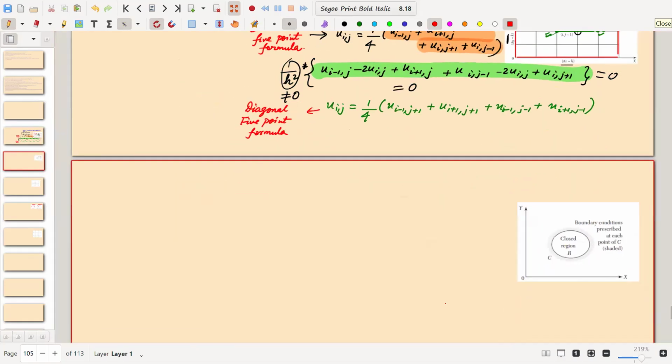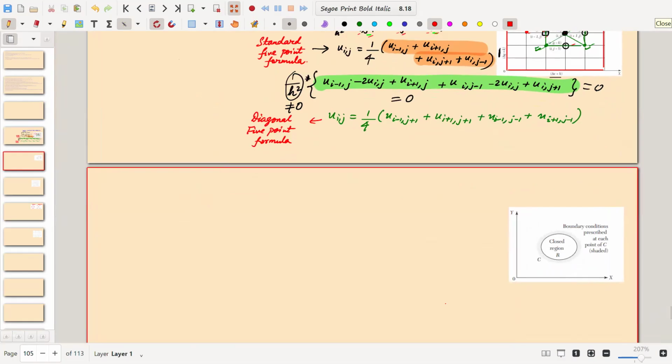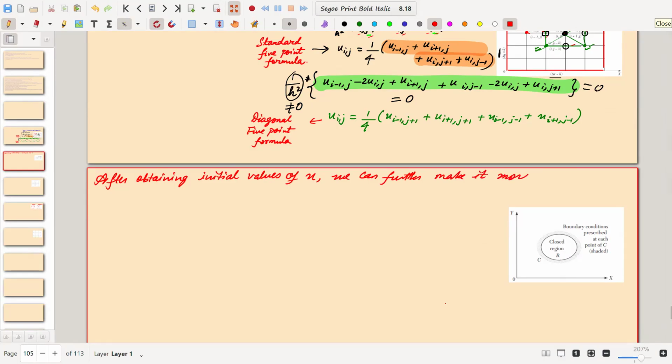So after obtaining initial values of u, we can further make it more accurate by using two things: Jacobi's method and Gauss-Seidel method.